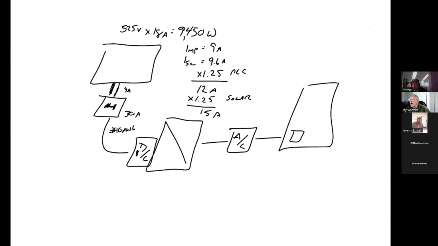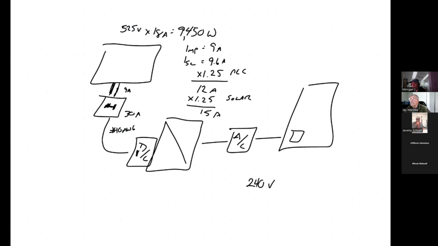Now we go into our inverter. What size wire do we need when we leave the inverter? Well, now the whole world changes because we're transferring it from DC to AC, and we're also leaving with 240 volts AC. Well, we came in at what, 525 volts? So at this point, we need to know what size inverter we have.